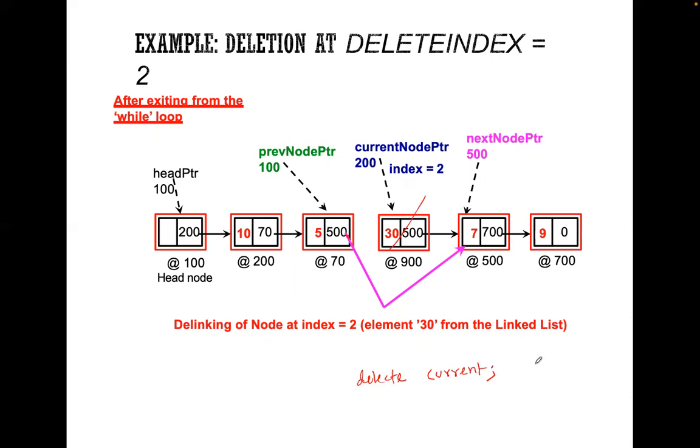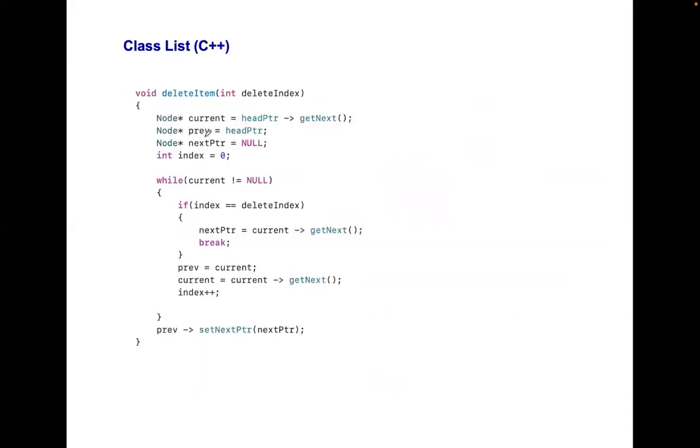So let's look at the code here. When we reach the index equal to the delete index, the next pointer is current get next. This is our current, this will be our previous, and this is the next of current. So next pointer we are using to point to this node.